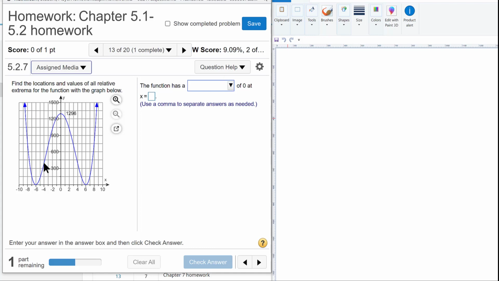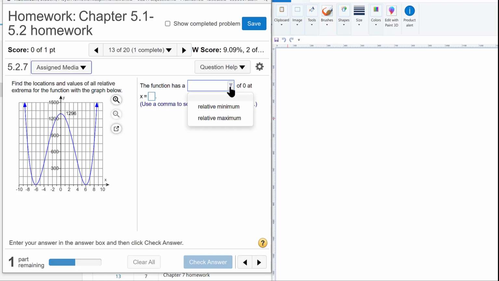But this function has a low, look, of 0. Look, not at 0. That would be the most common mistake, is to say at 0. It's between 1200 and, I guess that means 1296. So the zeros here, that's the y value when you're on the x-axis.